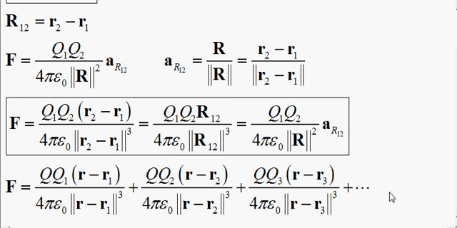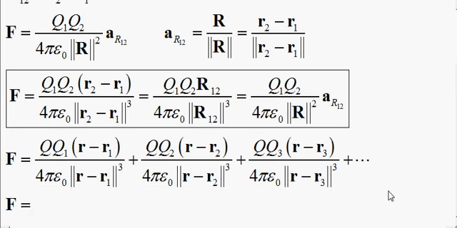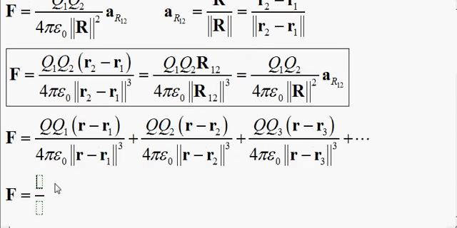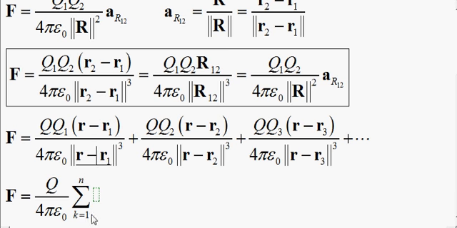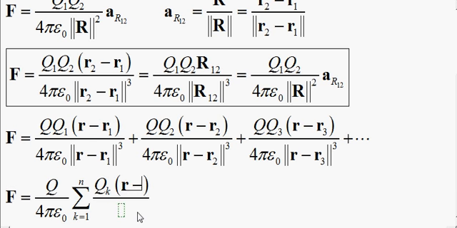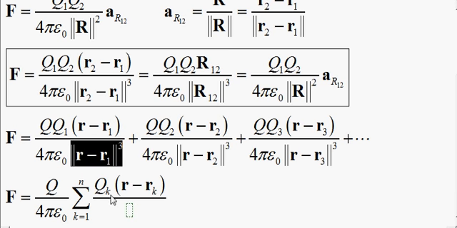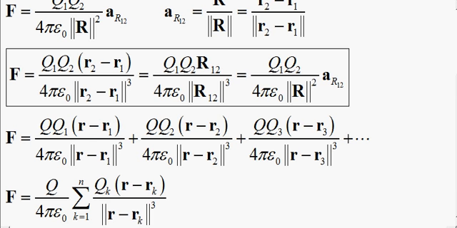And this could be summed up conveniently into a closed form as Q over 4 pi epsilon 0 times the summation from k equals 1 to n of Q sub k times r minus r sub k, divided by the magnitude of those vectors cubed.